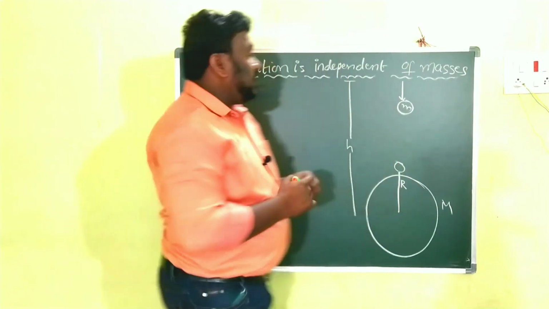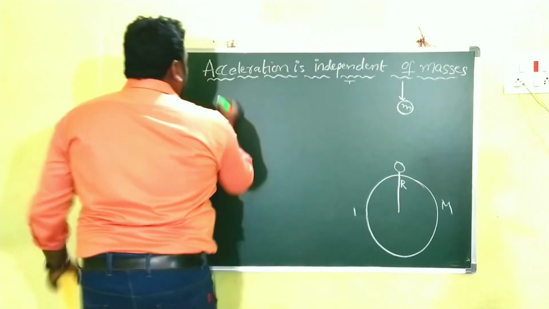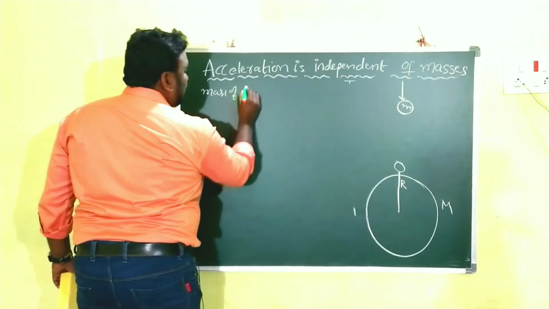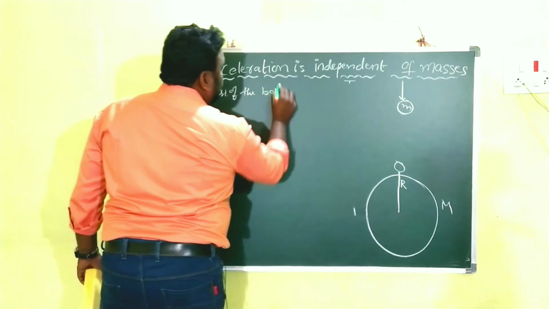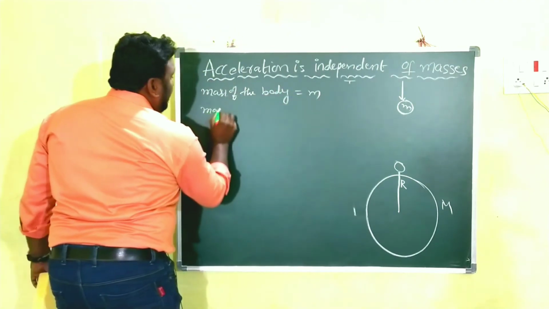Clear? According to the universal law of gravitation, what is the mass of the body? Small m. And the mass of the earth?